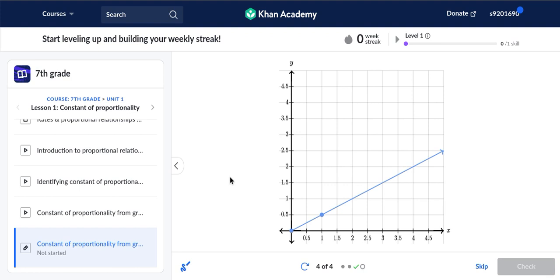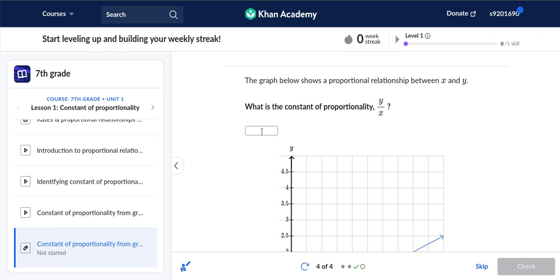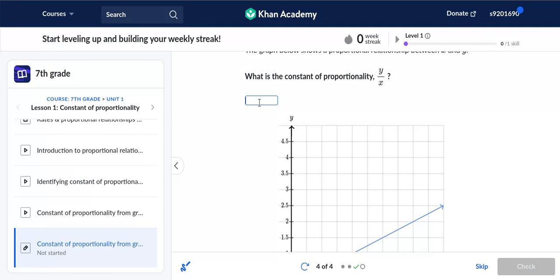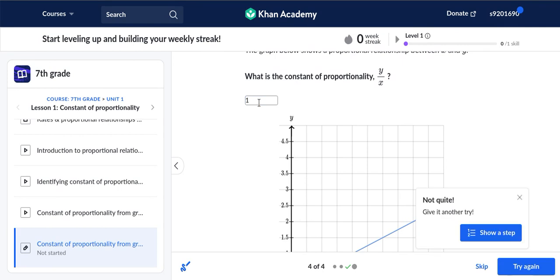You get the pattern. It's all the same numbers, exactly. So, our answer, the constant of proportionality for y to x is 1. So we're going to put 1 for our constant of proportionality.